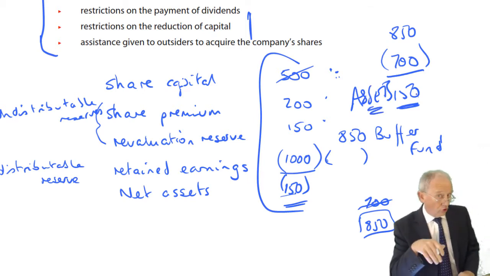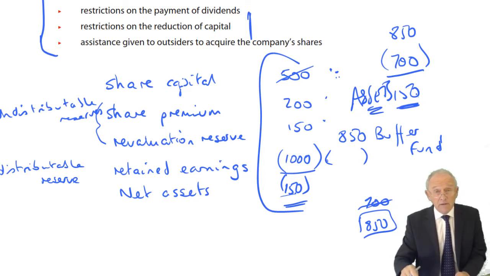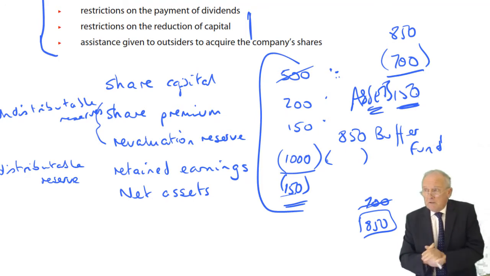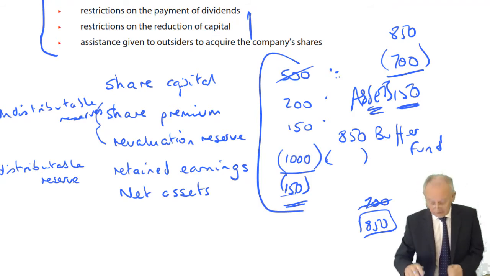That means the creditors ought to be paid in full because there are net assets in excess of liabilities. That's why we have the buffer, but that's why the buffer can fail, because companies do and can make losses.